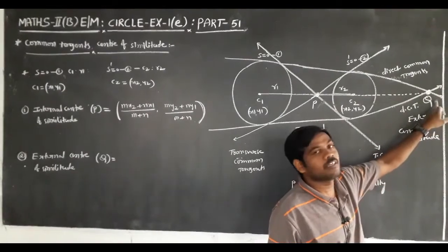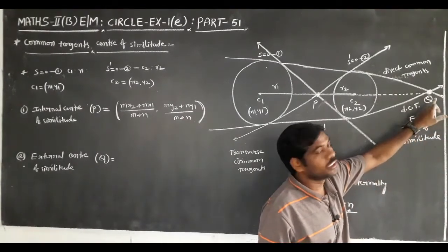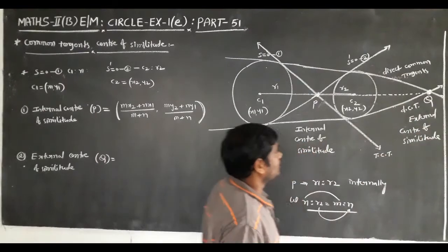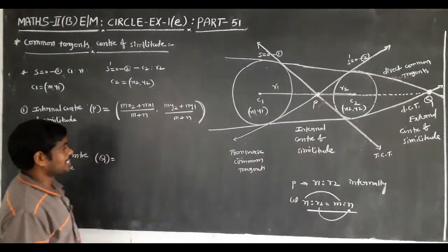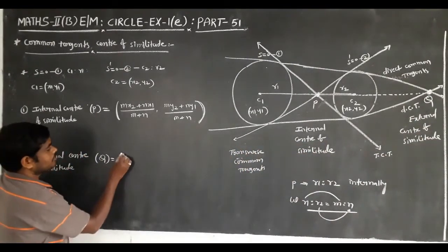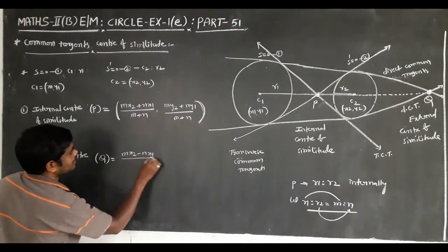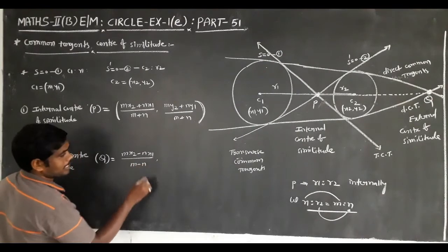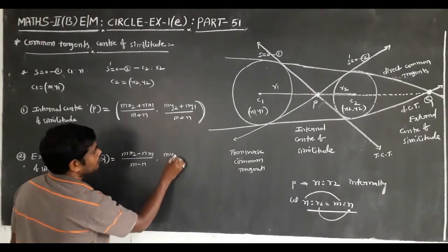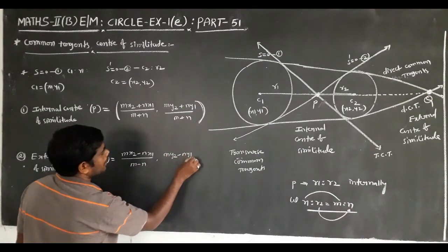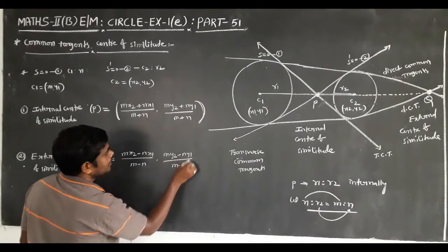It is denoted by Q. The external center of similitude formula is mx2 minus nx1 by m minus n, comma my2 minus ny1 by m minus n.